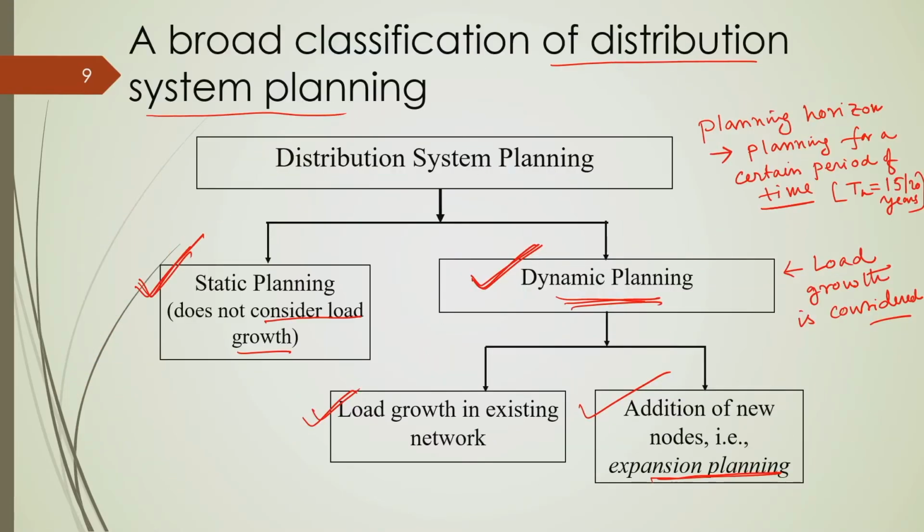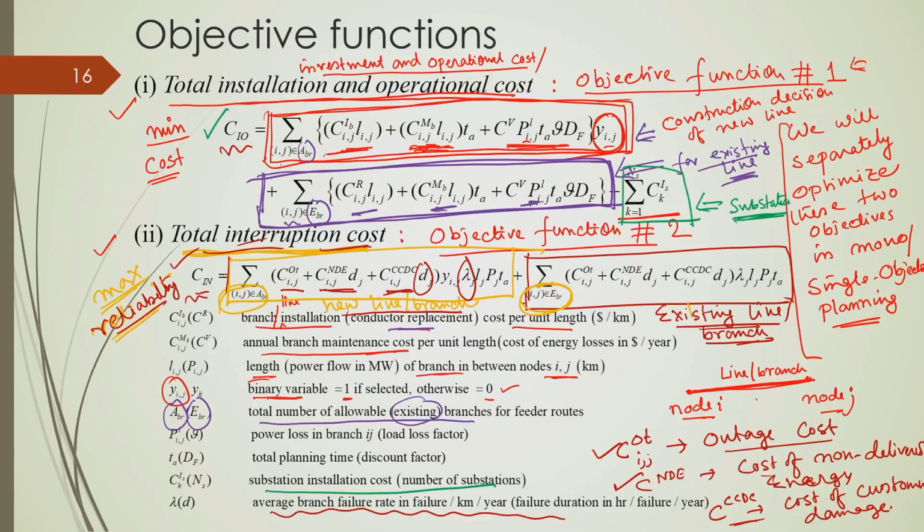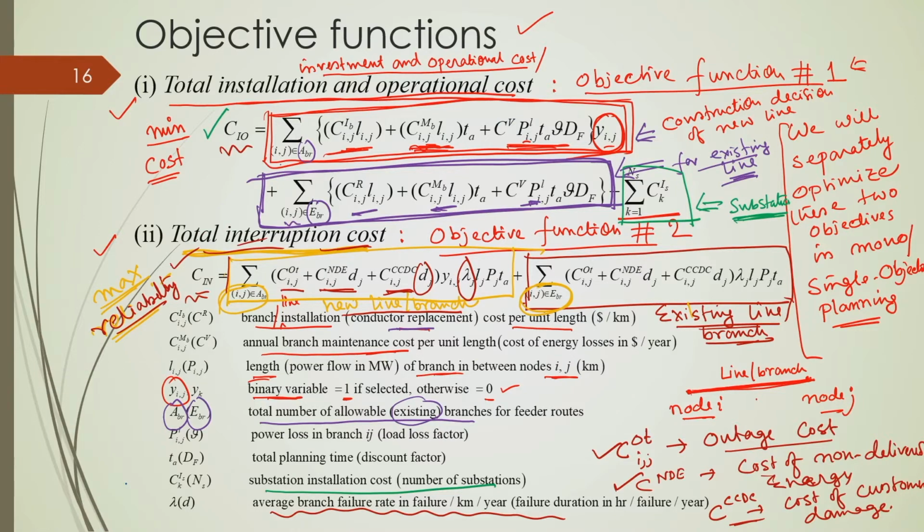If I go to my last lecture, you can see here we have shown the objective function formulation, and as I said, although here we have formulated two objective functions, actually we consider one objective function at a time.